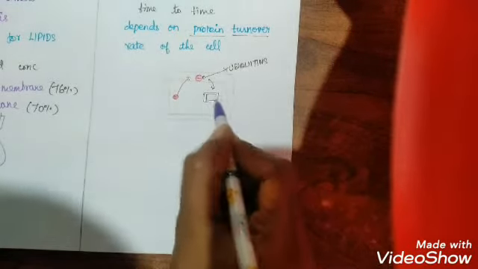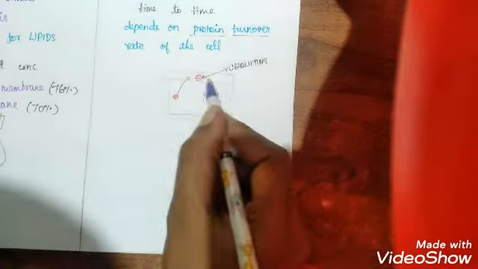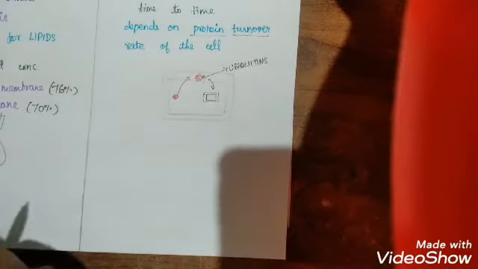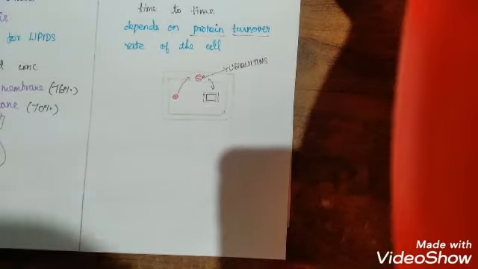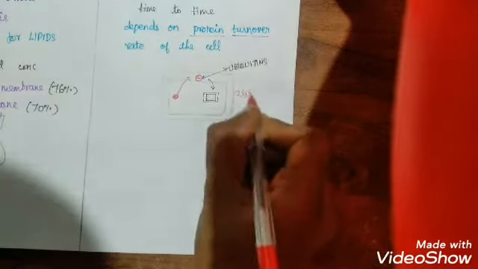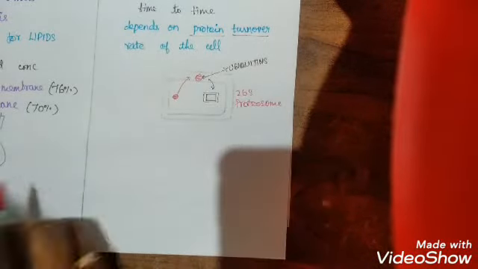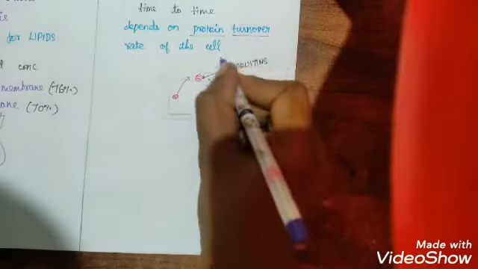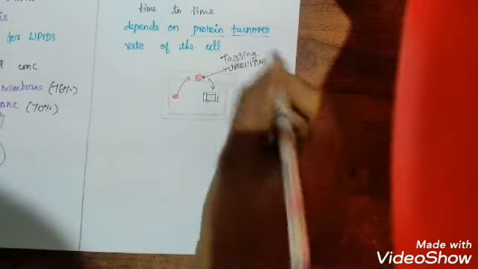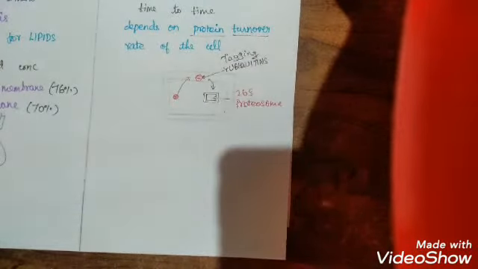Which is the cell organelle where this membrane protein will be degraded? Options are ribosomes, lysosomes, proteasomes or Golgi bodies. So your answer should be proteasome.